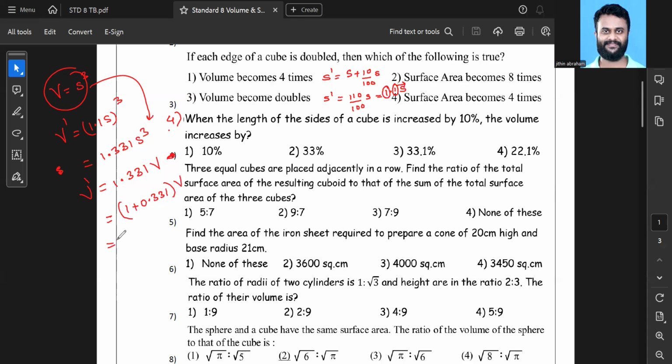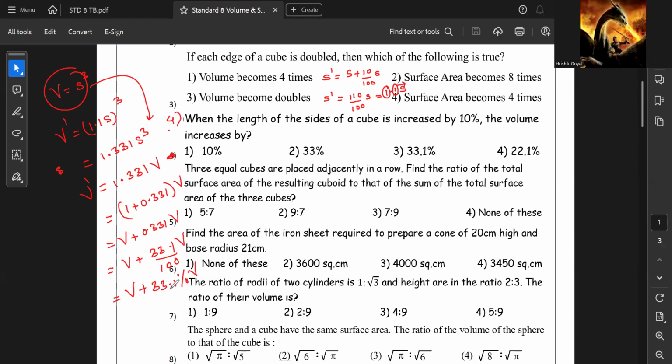So that gives you volume plus 0.331 times volume. Now, 0.331 can be written as 33.1 divided by 100 times volume. And this is nothing but 33.1% of the volume.